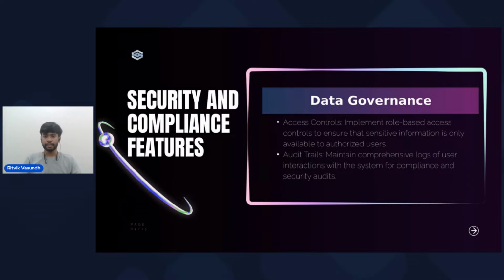Now, audit trails maintain comprehensive logs of user interaction with the system for compliance and security audits. Suppose you log in to a Google account on a random PC, it shows that you have never logged in on this computer before, and asks whether you trust this computer. That's where the security audits help. That's a small example of how security audits help maintain the authorization and security of a particular user.